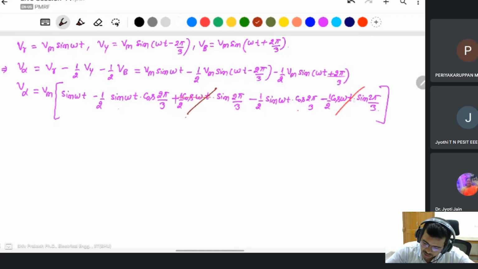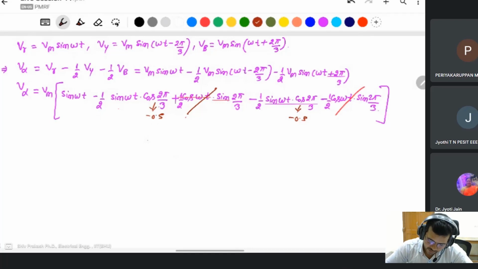This cancels out. This value is minus 0.5. This value also is minus 0.5. Minus minus plus, minus minus plus, 0.5 0.5 by 2 it is 0.25.